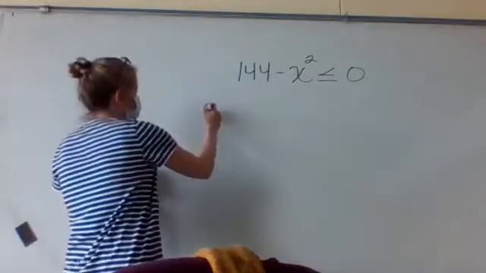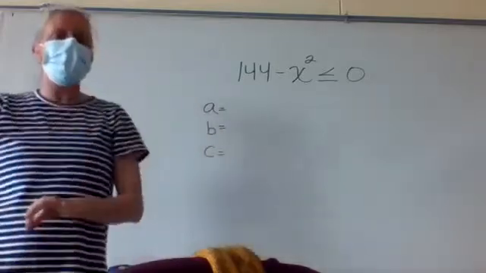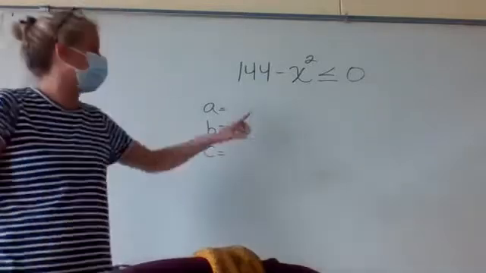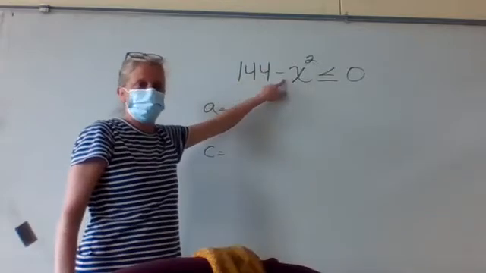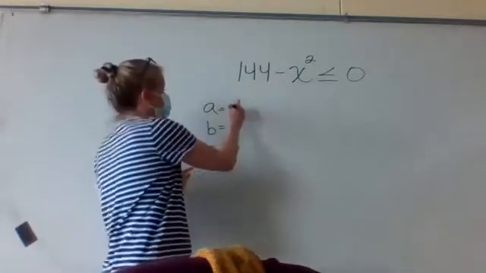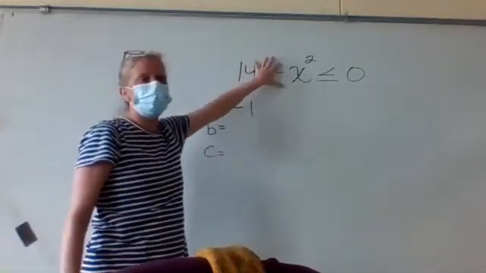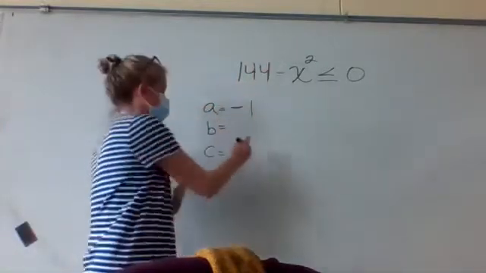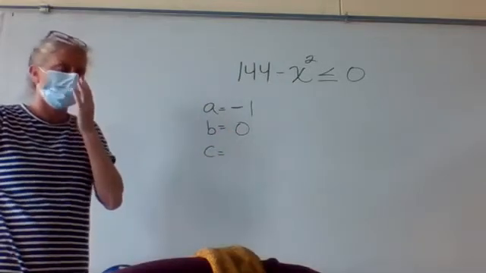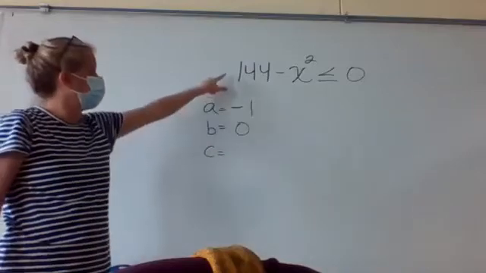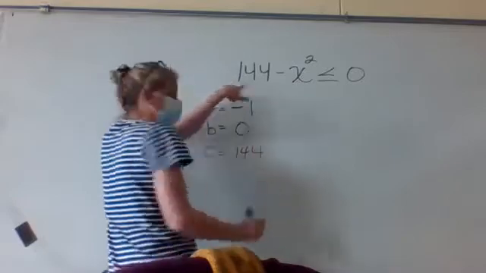Be careful again when you're choosing your A, B, and C. Even if they're out of order, the A is always in front of x squared. So what's the number here in front of x squared? Negative 1. B is the number in front of x. Since I don't have an x, your B is 0 again. C is your constant, which is a positive 144.